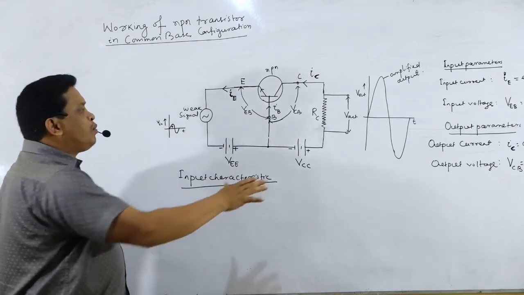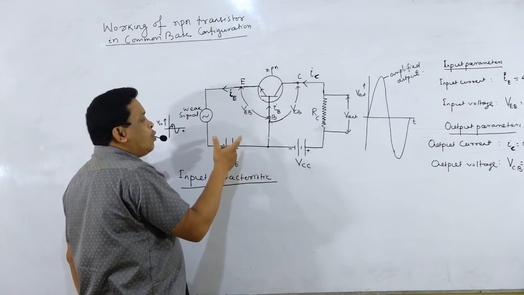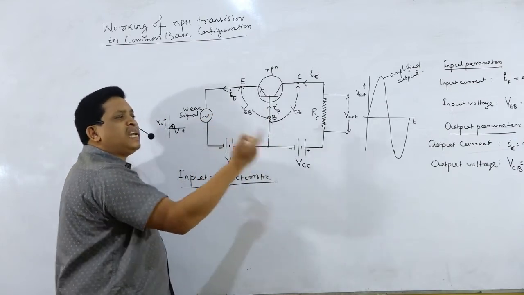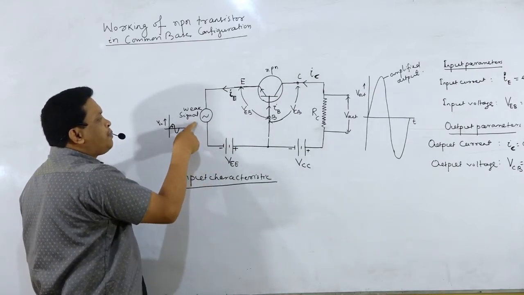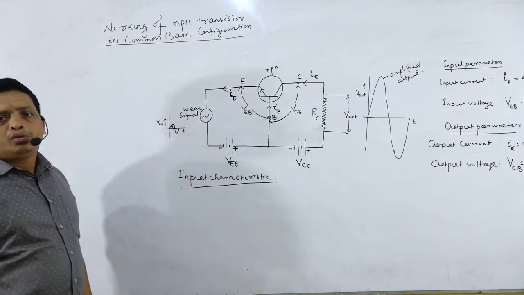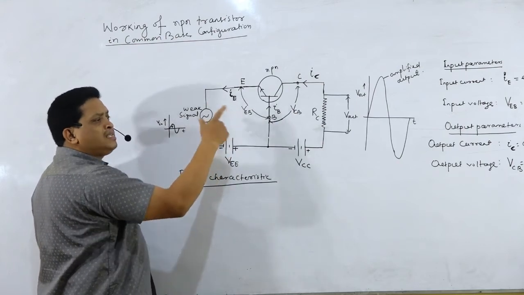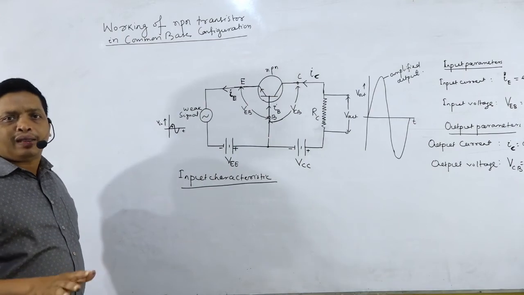So when output voltage remains constant, we want to know how input current changes when input voltage is changed. To change the input voltage, we have applied the AC signal here, alternating voltage.